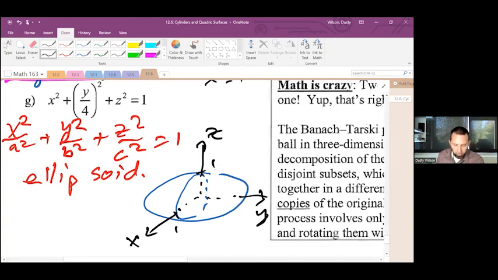When z equals 0, I've got an ellipse. And I think I've got to go through plus or minus 2 in the y. That was when z equals 0. When x equals 0, I've got an ellipse. And again, my y is going through 2. So it's kind of an egg shape. It's a little bit longer in the y direction than in other directions.